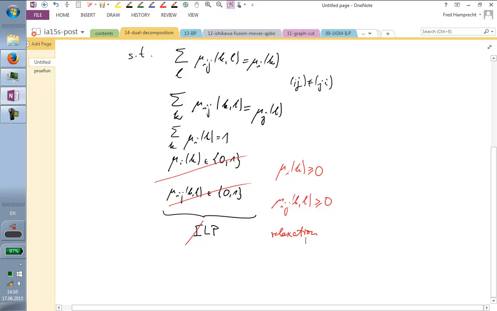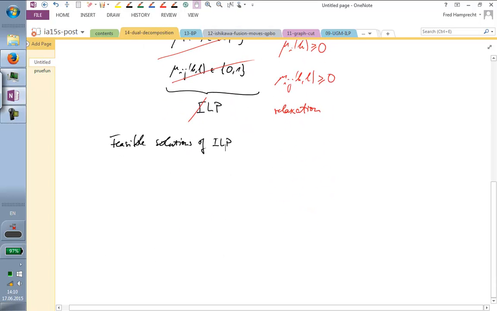Let's look at these spaces. So the feasible solutions of the ILP are a set of integers, so I'm showing some integers here, and actually we have a binary problem.